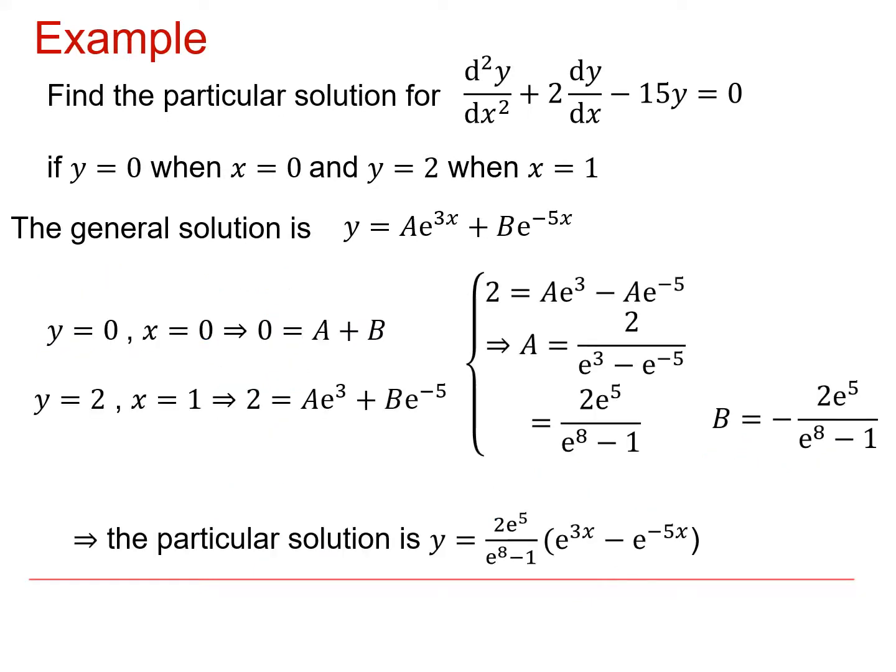And there's that written up neatly. You can see here I've used each set of boundary conditions to give me my two equations. So combining those two equations and working it through, I can get a value for a and consequently a value for b. And there's my particular solution at the end.